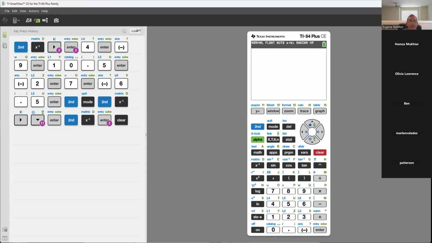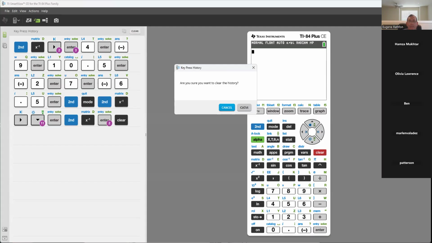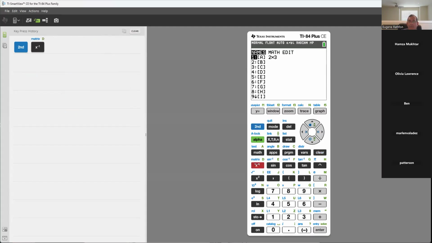I'm going to clear everything off. So second, x negative 1 for the matrix. I'm going to arrow to edit and hit enter. Oh, we don't have a 2 by 3 no more, y'all. What do we got on these ones? How many rows by columns do we got?